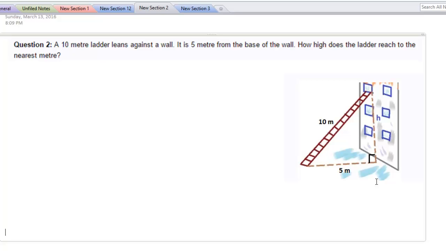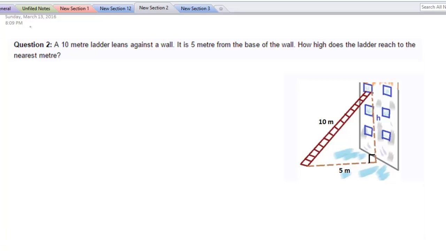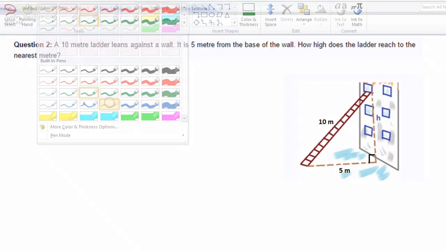So let's apply first the Pythagorean theorem. As usual, I'm going to choose, let's say, the blue.